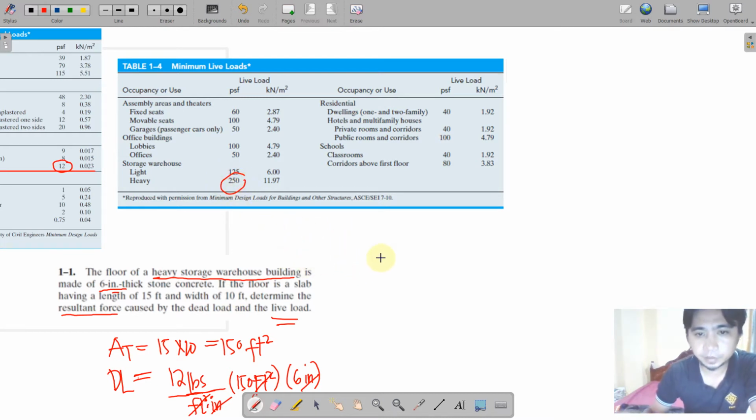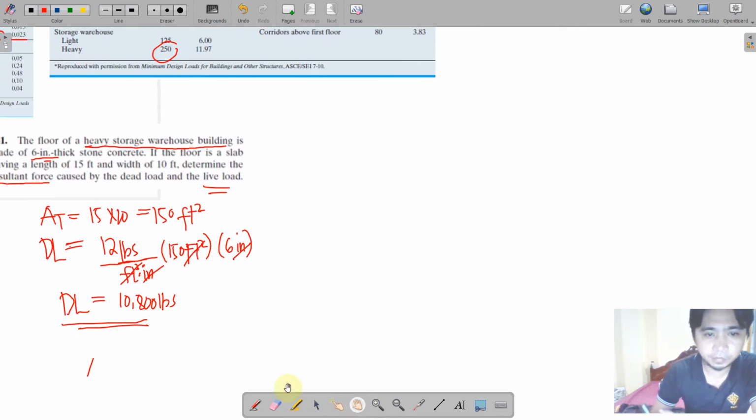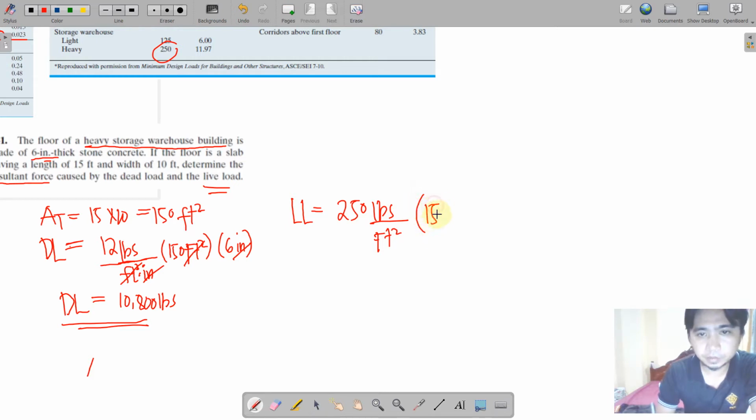So therefore, the live load is equal to 250 pounds per square foot. Of course, just multiply it by the area for this to be cancelled.